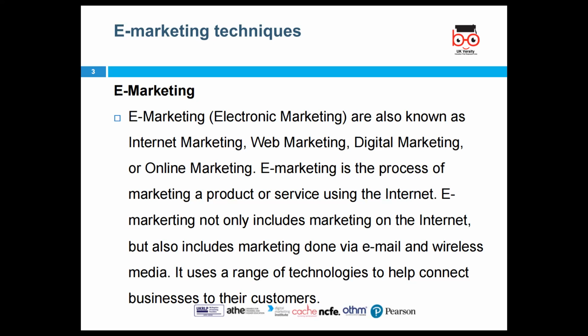So all this terminology, all of them together, they just fall under the umbrella of e-commerce, where we know that with this technique it is now possible to advertise, promote, and engage with customers and stakeholders. So e-commerce not only includes marketing on the internet, but also includes marketing done via emails and wireless media.